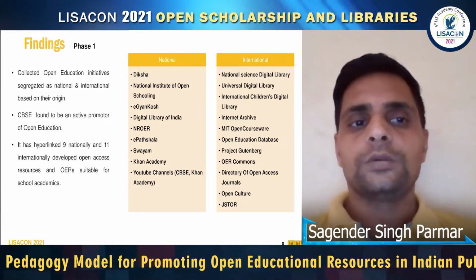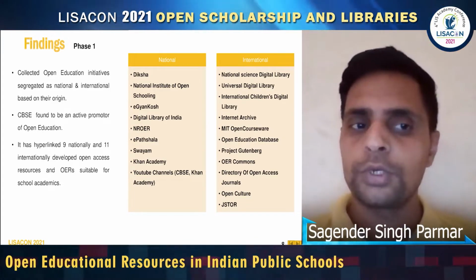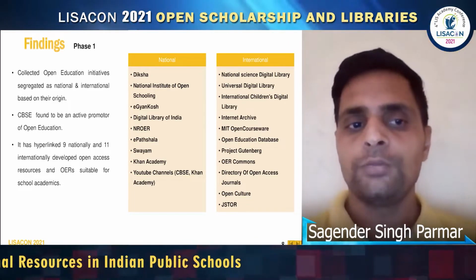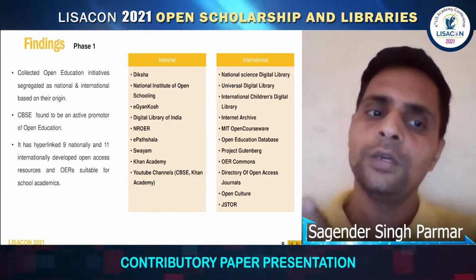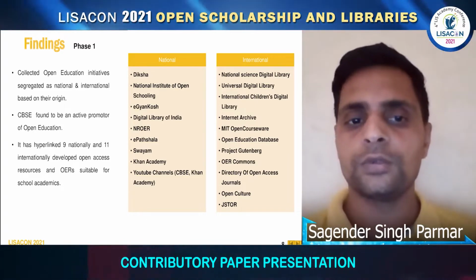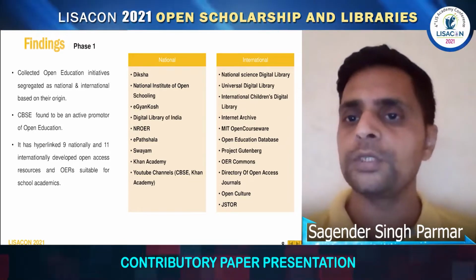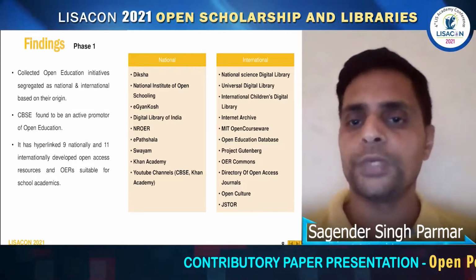And it has been found that the CBSE is a very active promoter of open education, because we have found that 9 nationally and internationally developed open access resources and OERs, which are suitable for school academics, are made available on CBSE websites.